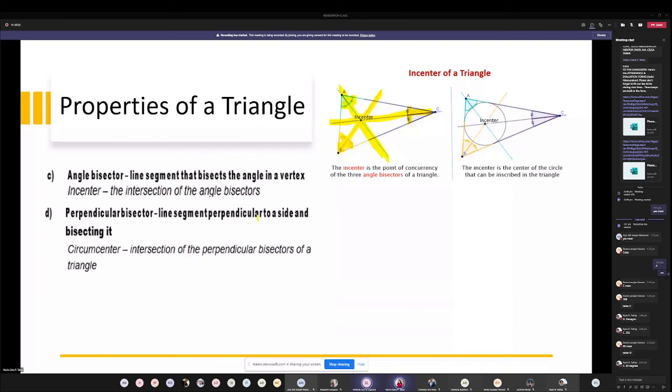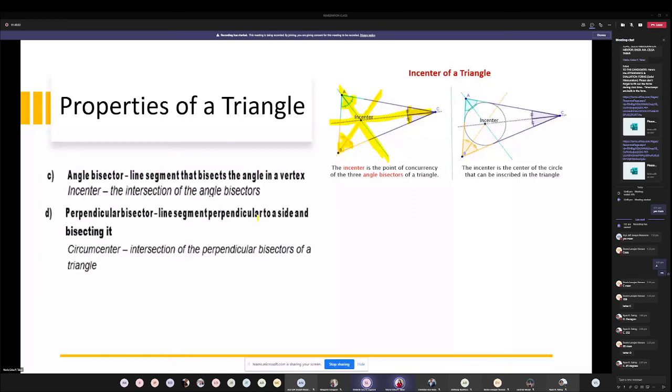It doesn't have to start from a vertex, because you cannot always have a line segment that is perpendicular, bisects the side, and also starts from a vertex. There are cases like that, but there are many cases where this cannot be applied.